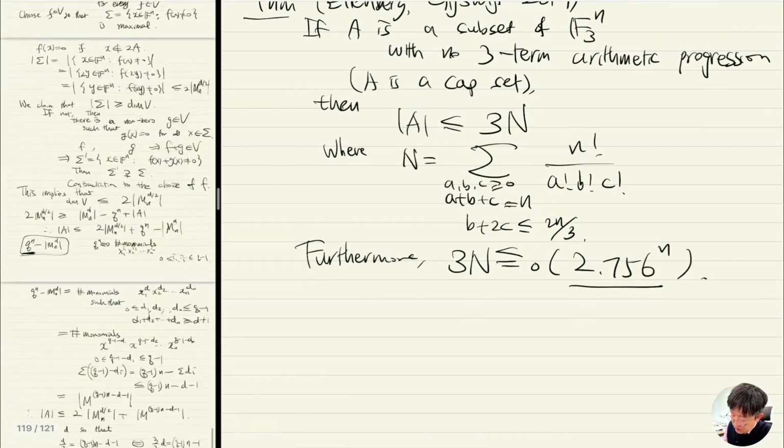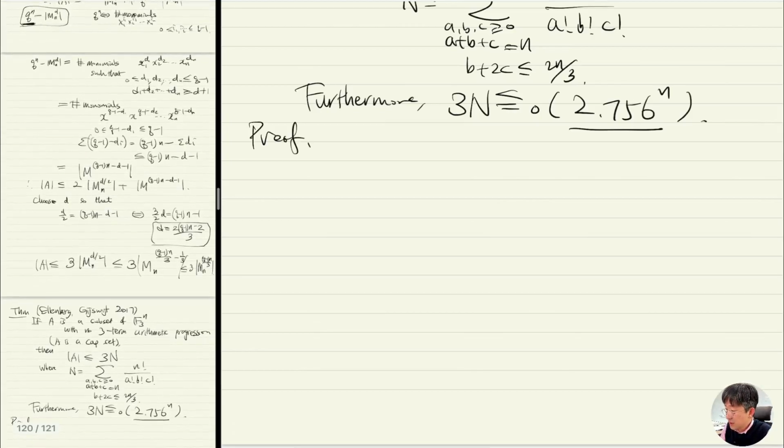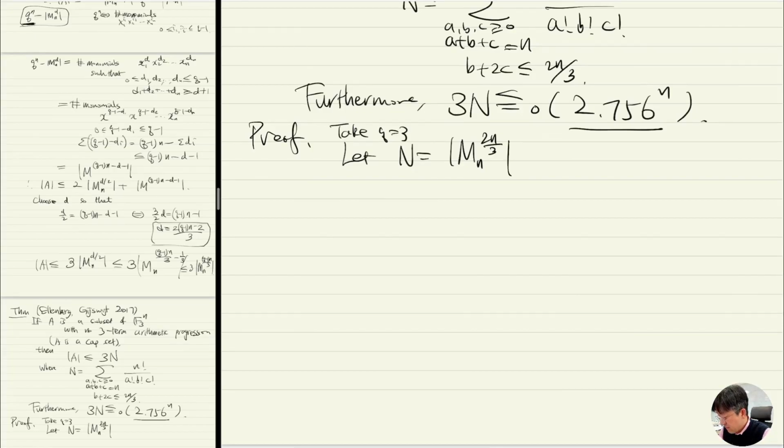And why is this true? By the previous theorem, we can take N to be, and I mean, previous theorem, now take q to be 3, right? If you put q to be 3, then you're going to get 3 times m to 2n over 3. So what is this, right?